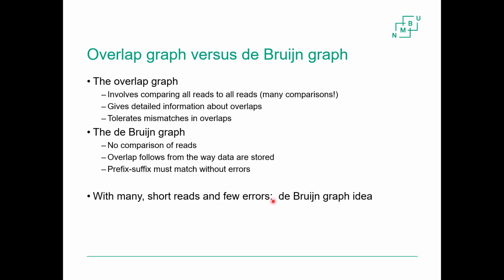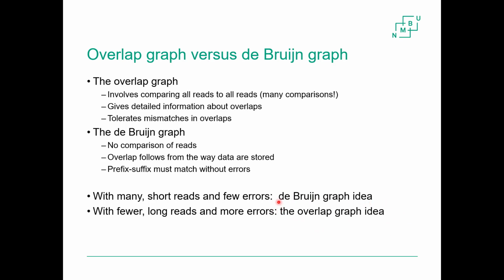So with many short reads and few errors, that's Illumina data. The De Bruijn graph idea is the best, or has some benefits, right? That makes this most useful. But in terms of fewer longer reads with more errors, the overlap graph is perhaps a better approach.